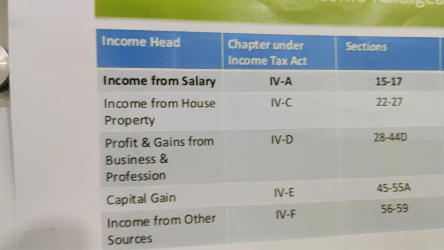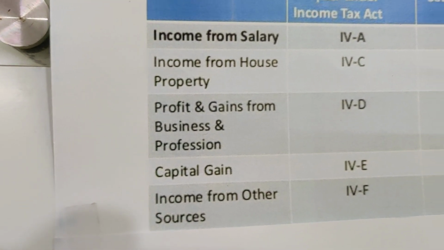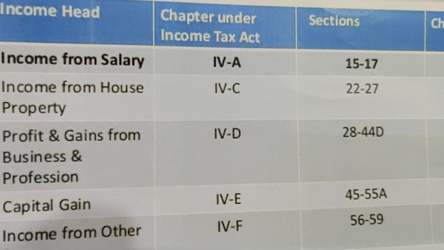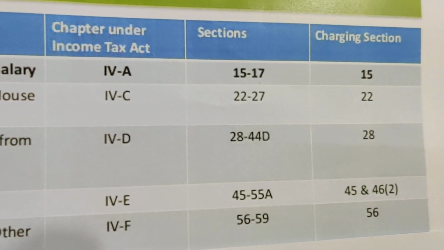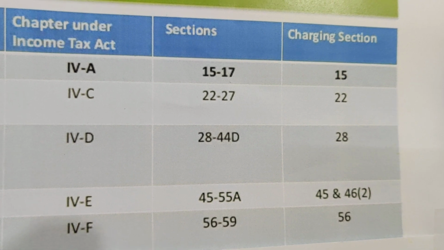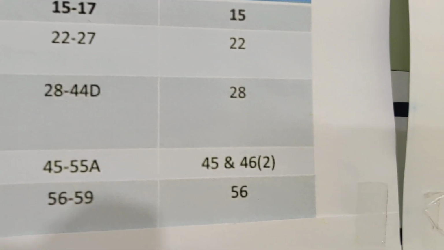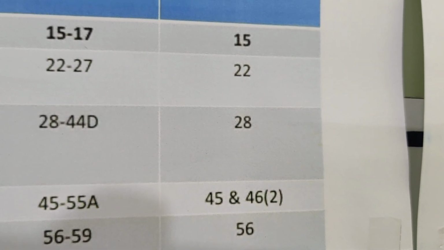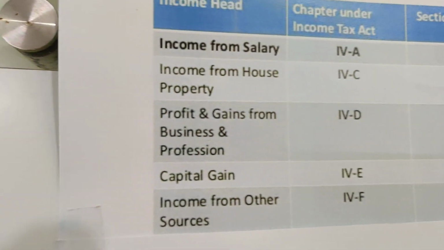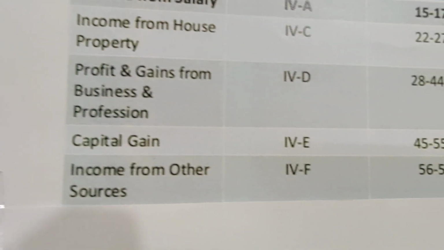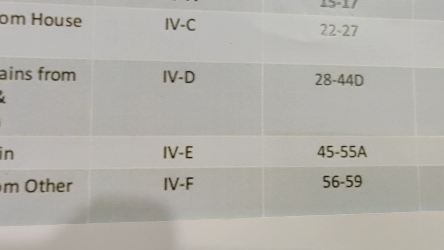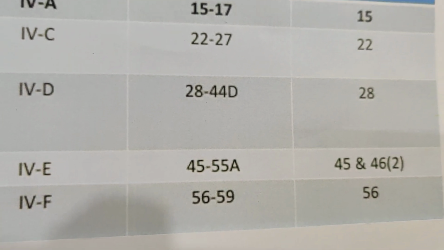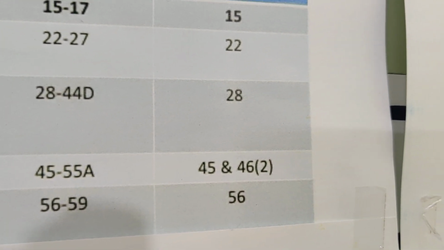Similarly, for capital gain, you need to read chapter 4E of the Income Tax Act and relevant section 45 to 55A, and charging section is 45 and 46 too. For income from other sources, you have to read chapter 4F, section 56 to 59, and charging section is 56.